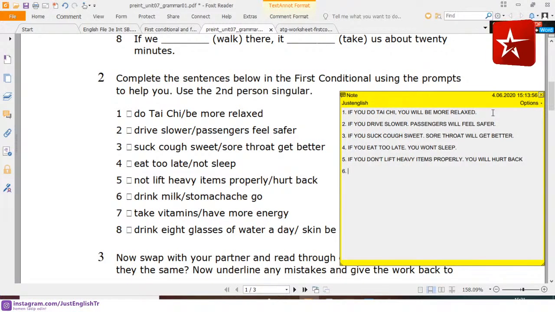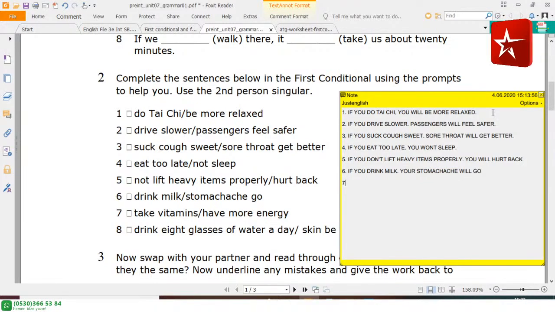If you drink milk, your stomach ache will go. Yes, if you drink milk, your stomach ache will go.